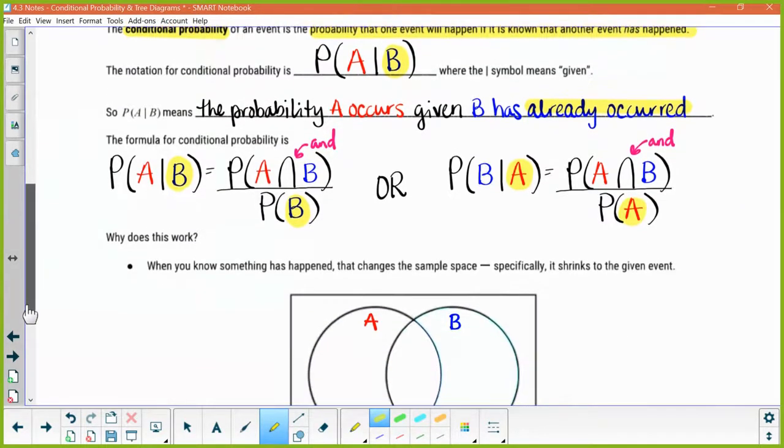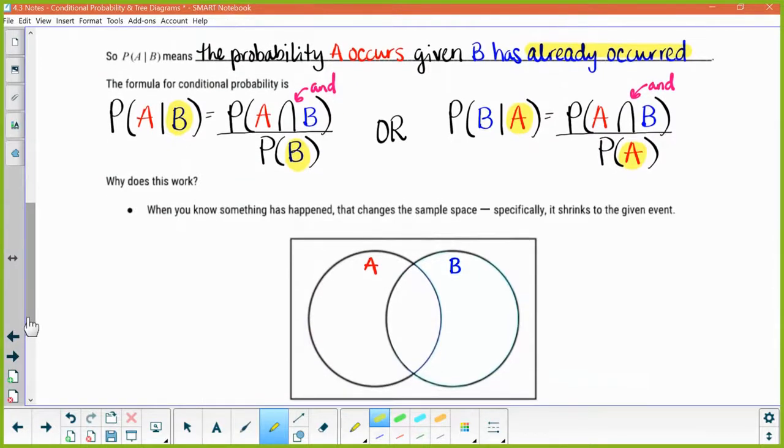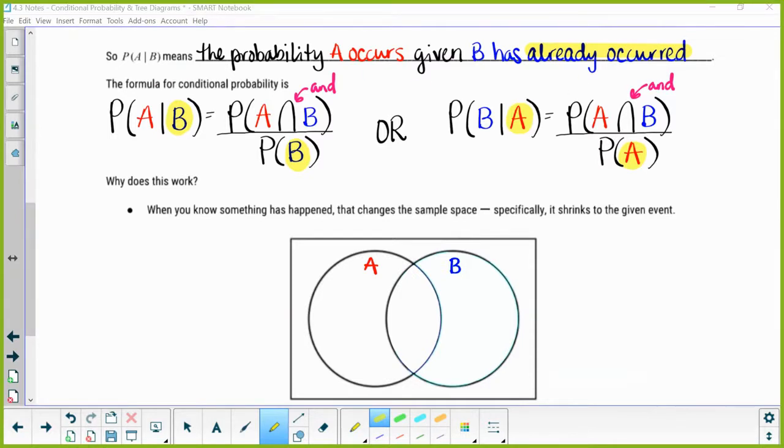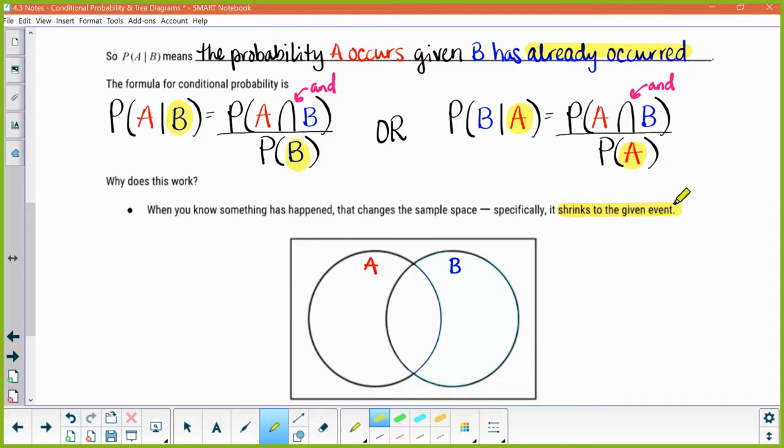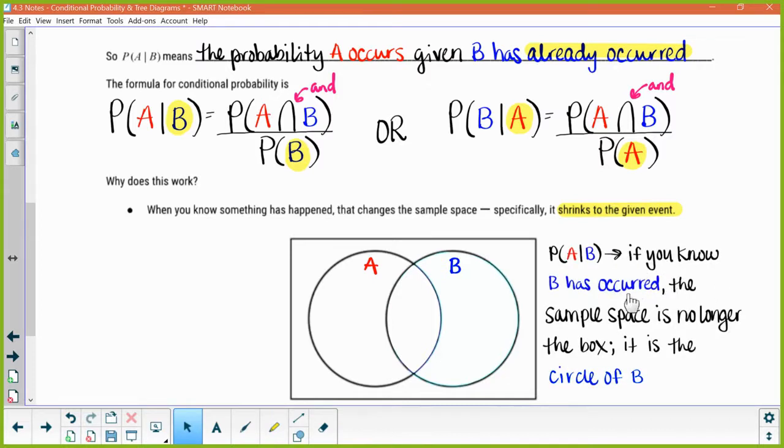So why does this formula work? Well, when you know something has happened, that changes the sample space. Remember, the sample space is typically the entire square. When I have a given, it shrinks to the given event. So for the probability of A given B, if you know that B has occurred, the sample space is no longer this entire box.